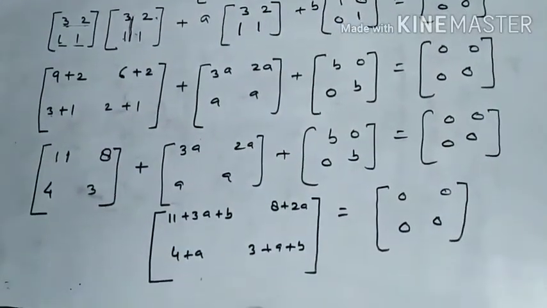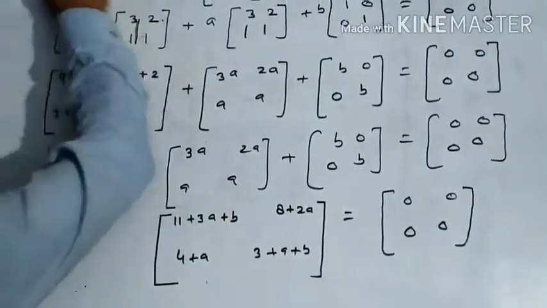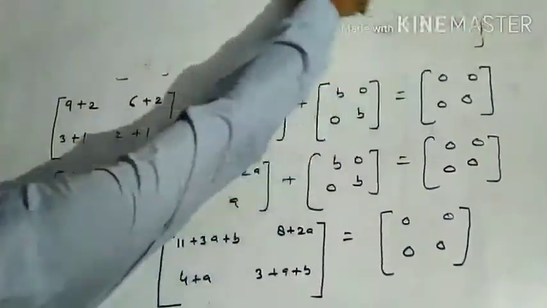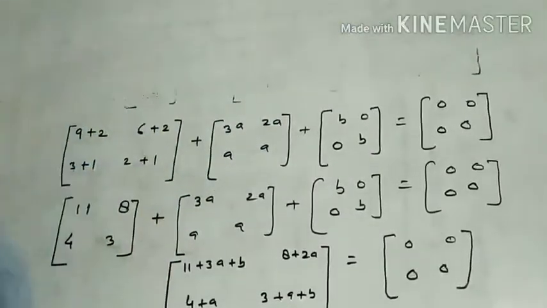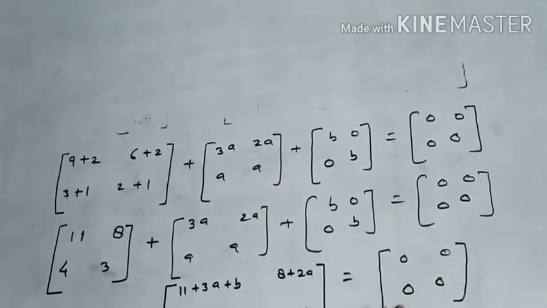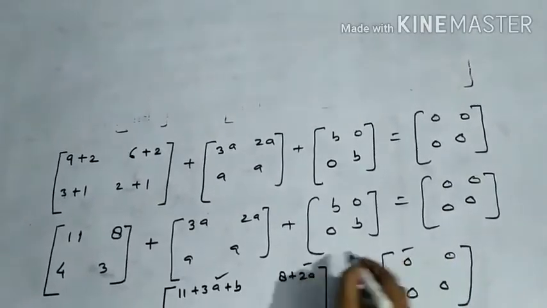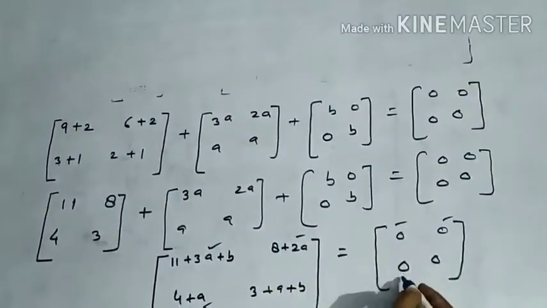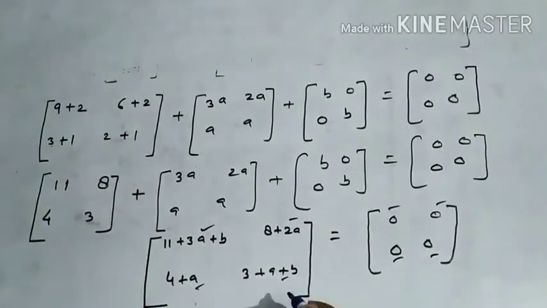Now after that we are going to compare. When we compare corresponding elements, this is equal to 0, this is equal to 0, and this is equal to 0, and this is also equal to 0.